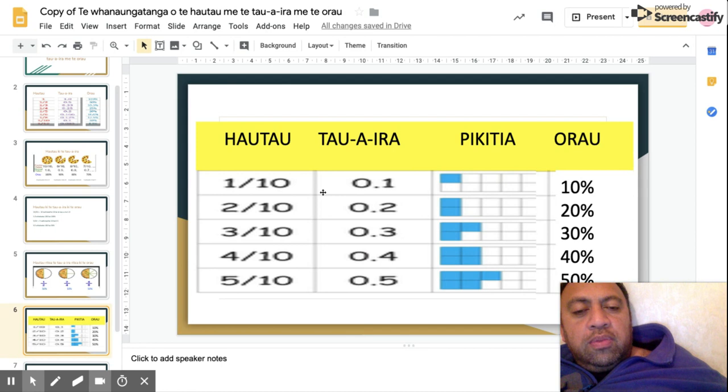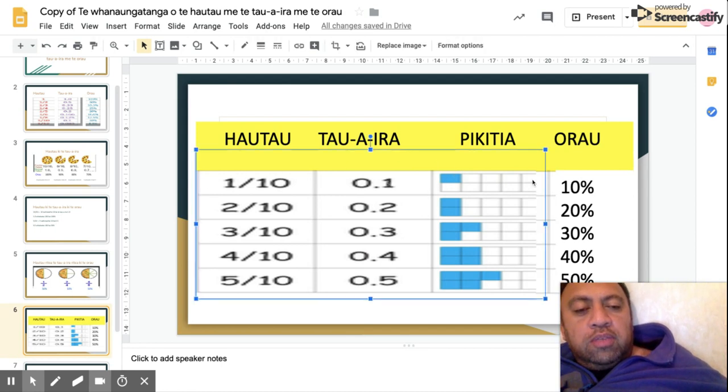So therefore, 0.1 is the same as 1/10. So if you were to look at this picture, it would be 1/10. 0.1 of this whole chocolate bar. That is the decimal of this whole thing.